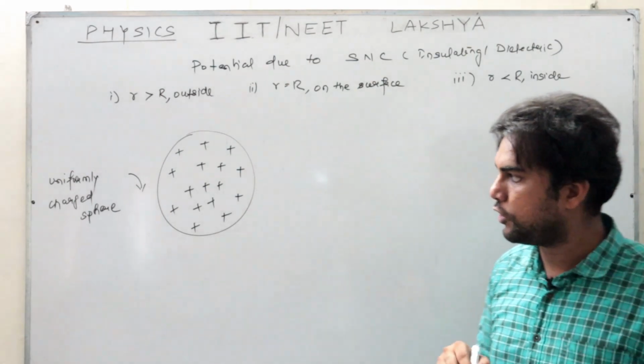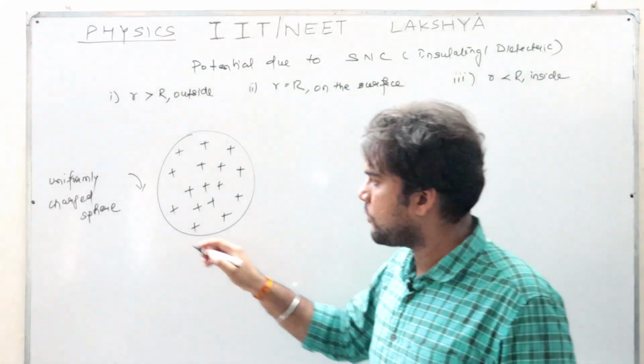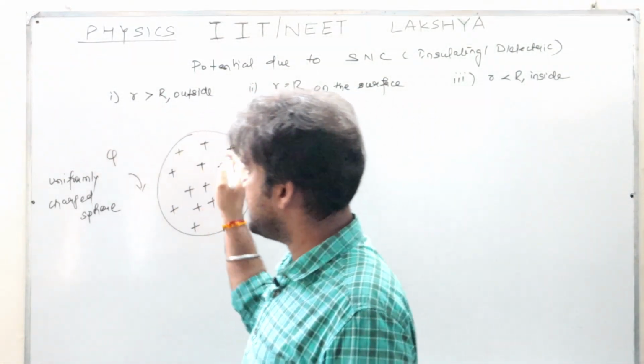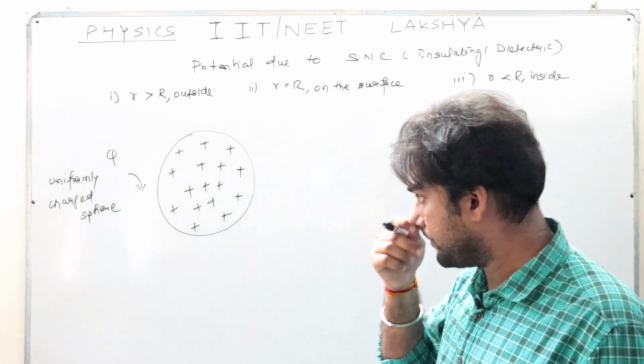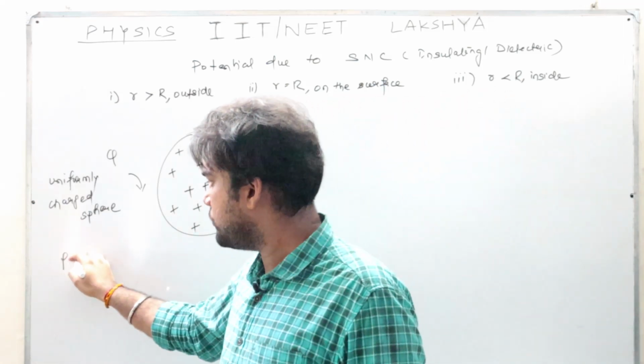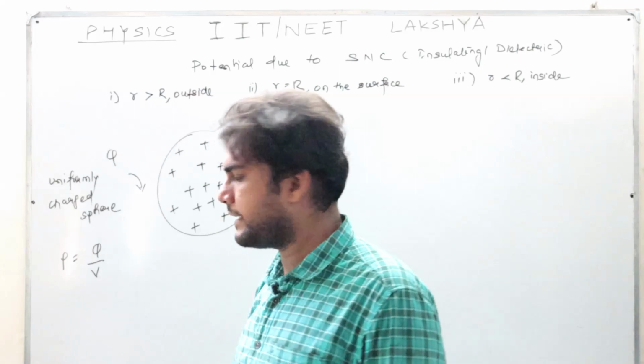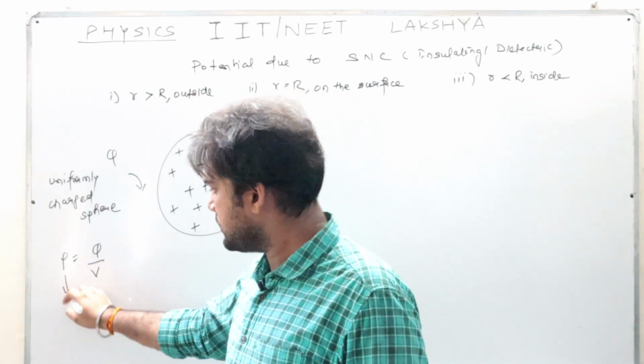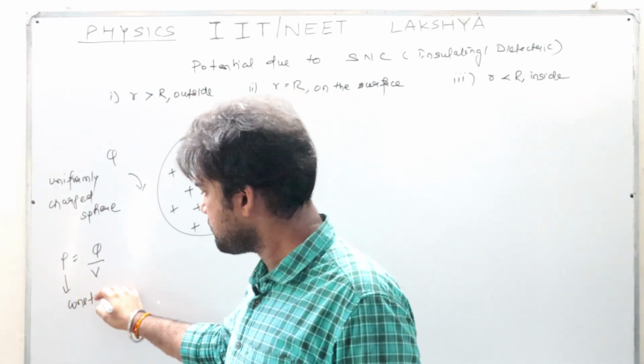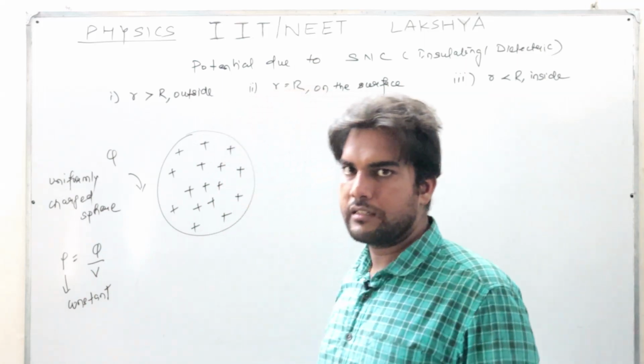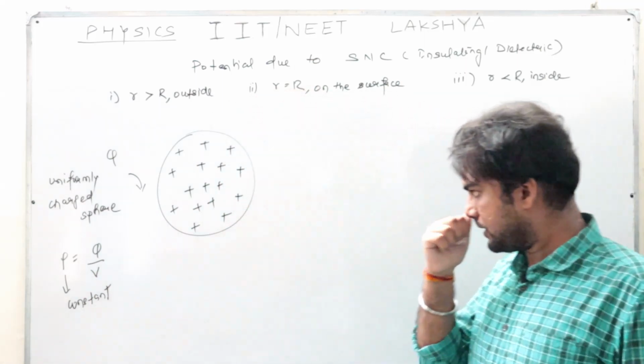We are not taking non-uniform charged sphere. Here whatever charge q we are giving, that gets distributed throughout the volume. That is, here rho, which is your volume charge density, is constant. What is rho? Volume charge density. So that is your q by V.